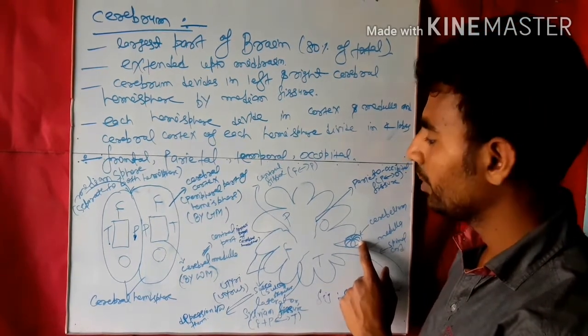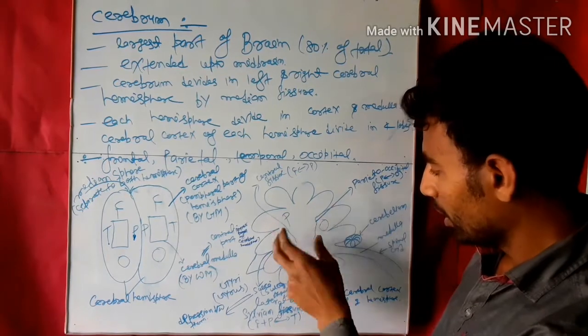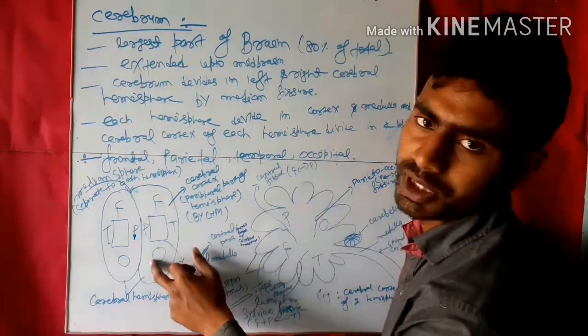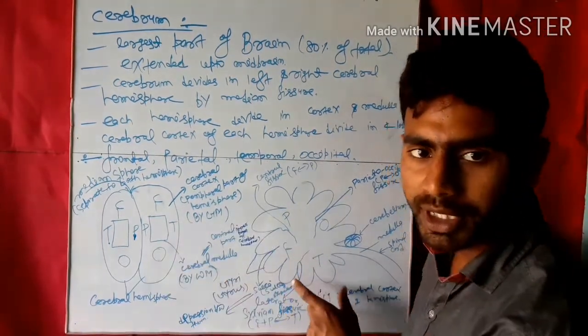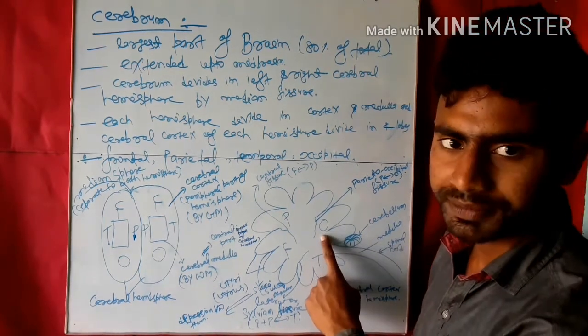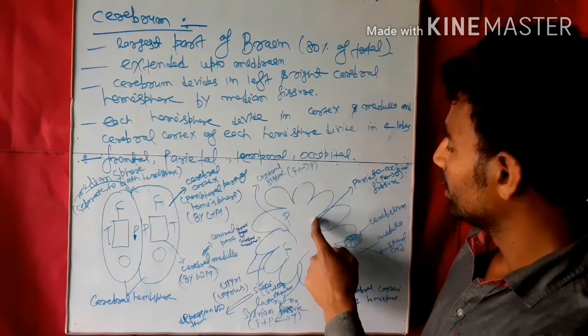This is the cerebellum, and this is the cerebral cortex of one hemisphere. Here this is the occipital lobe.